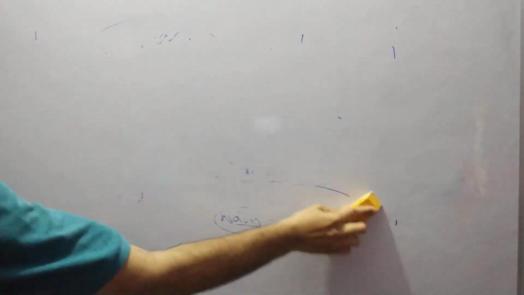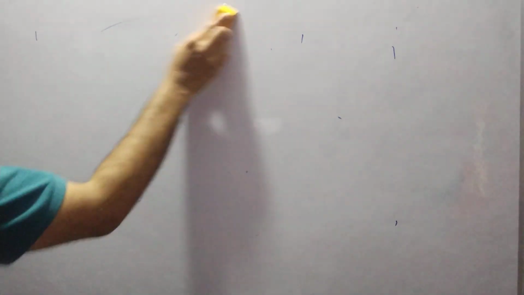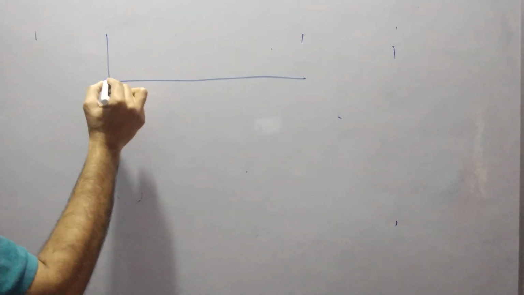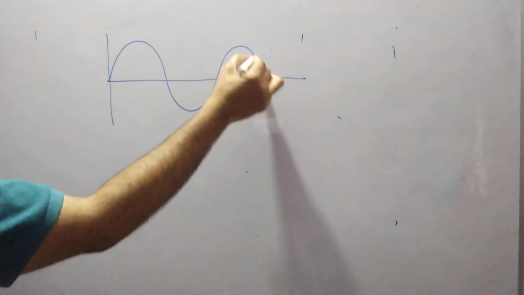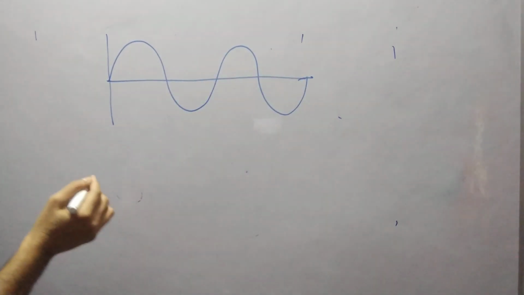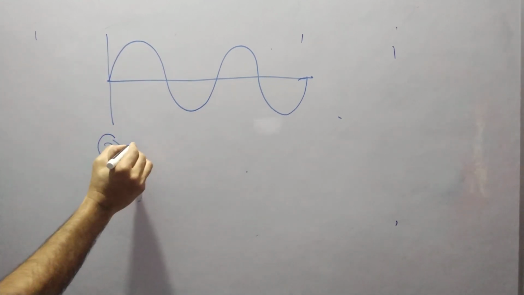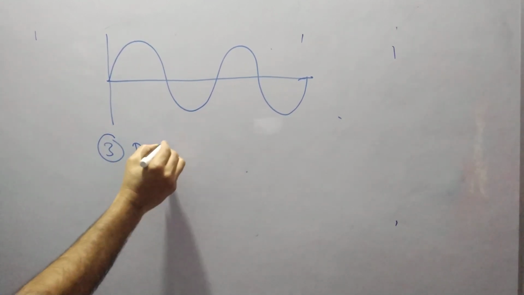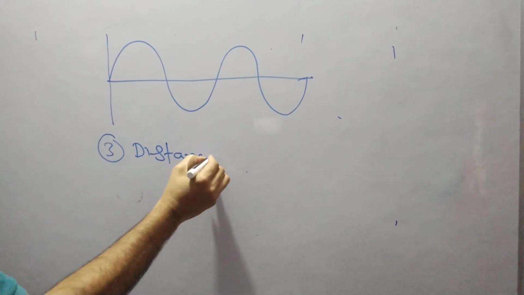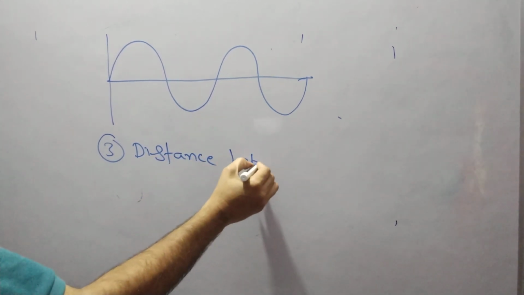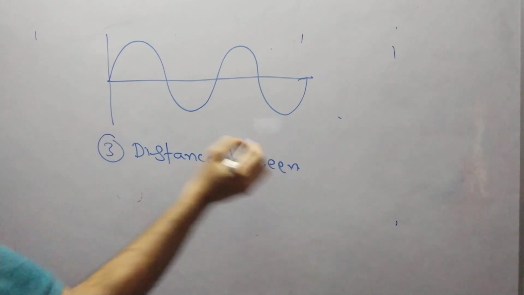And some more definitions are there for wavelength. Again, I am taking a wave here. Okay. So this is the wave, right? The third definition is the distance between one crest to another crest.